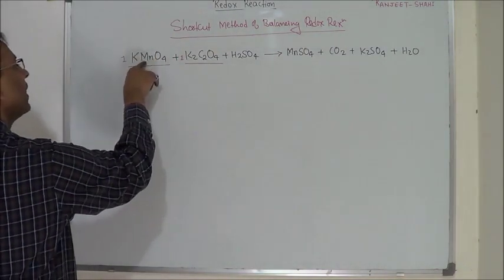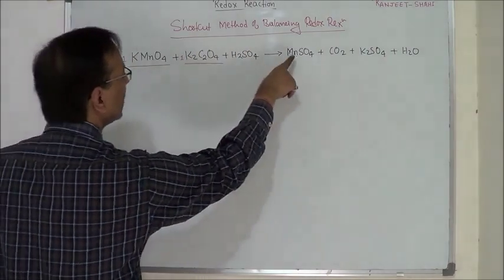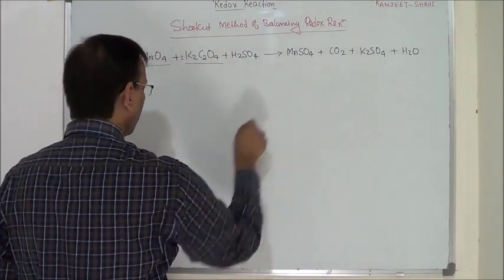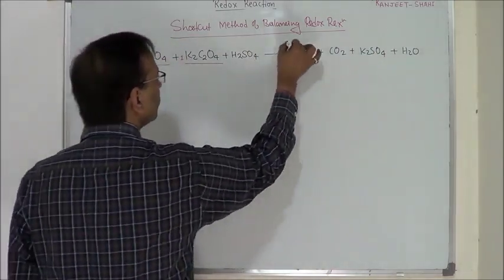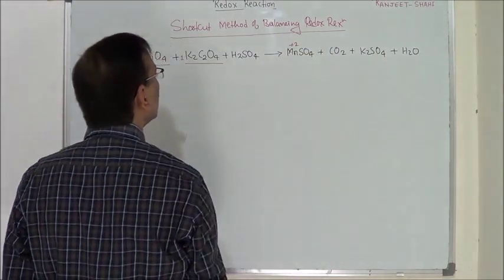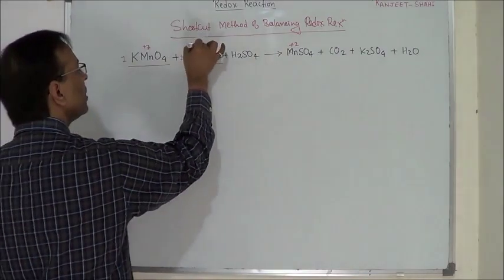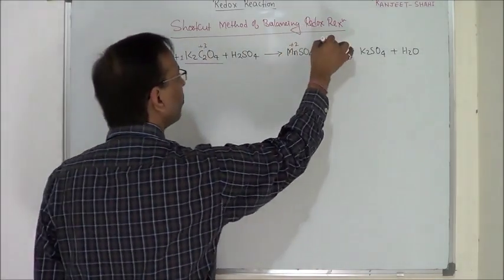In this we have manganese, 1 manganese on the right side. So manganese is undergoing change from 7 to 2. Carbon is undergoing change from 3 to 4.